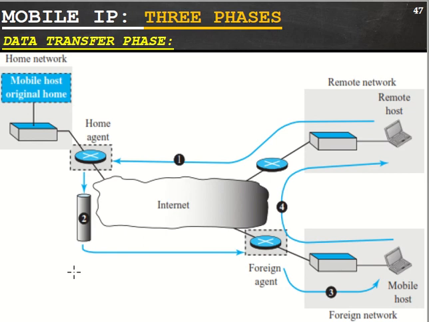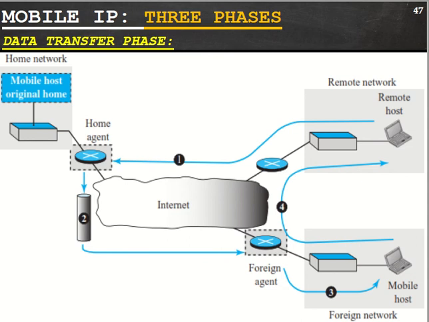The home agent then encapsulates the whole IP packet inside another IP packet using its address as the source and the foreign agent address as the destination. So this is the path. Initially the path is established from the remote host to the home network, and now from this home network to this foreign agent.